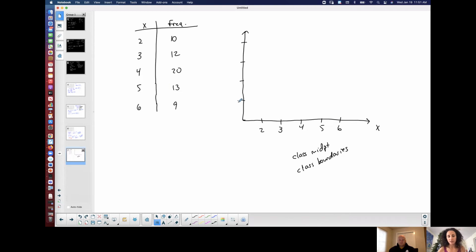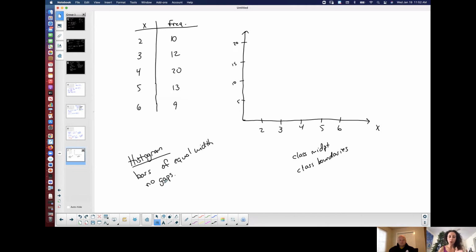I'll just count by fives. Okay, so I'm going to make a histogram here. A histogram is a frequency table graphed with bars of equal width. There are no gaps between the bars.